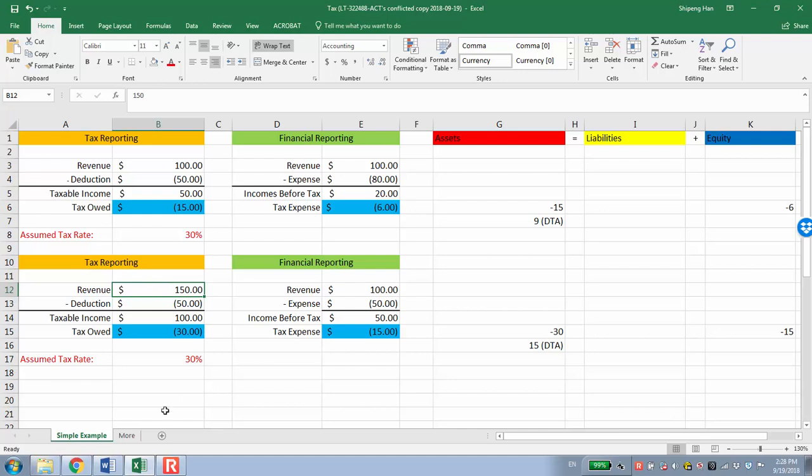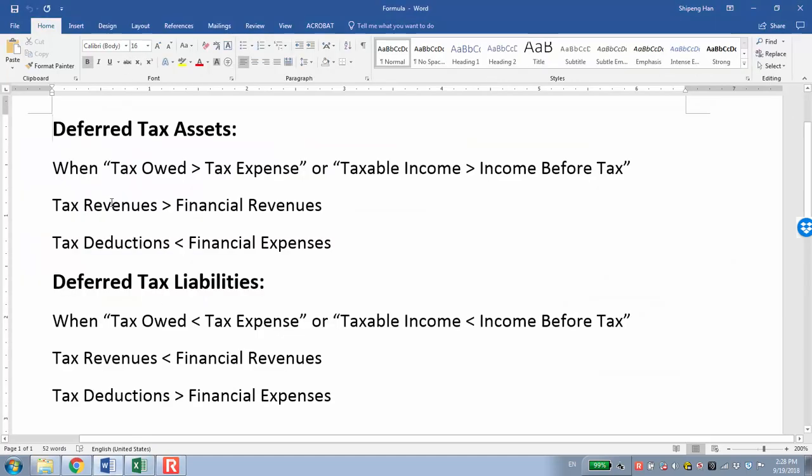So I can summarize here. When tax owed is greater than tax expense, or the taxable income is greater than income before tax, the company will recognize deferred tax assets. And there are two reasons why taxable income is greater than income before tax.